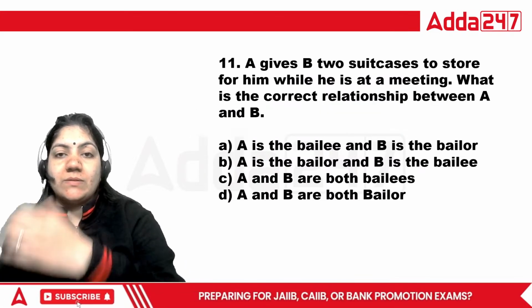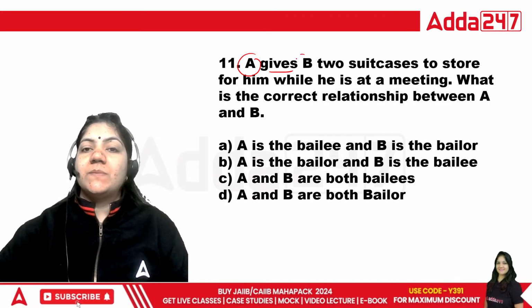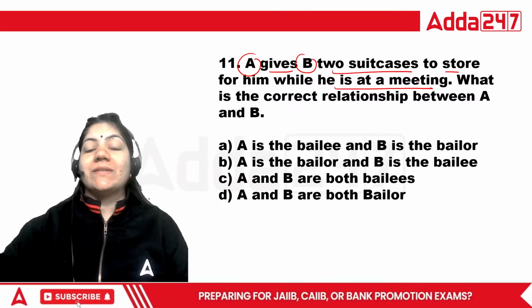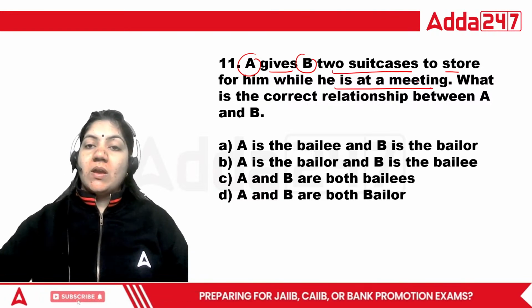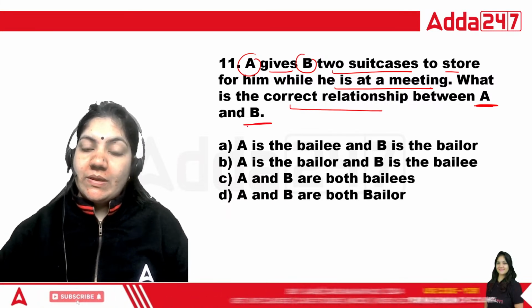Okay, next. A gives B 2 suitcases to store for him while he is at a meeting. What is the correct relationship between A and B?